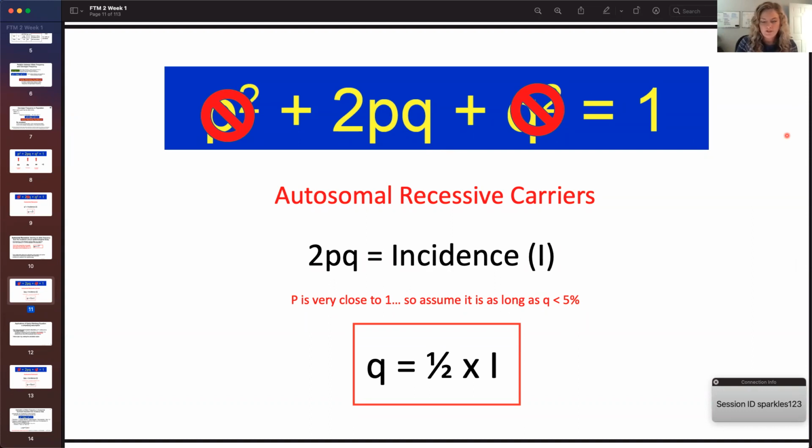So many people are walking around carriers for things they have no idea about because the disease hasn't manifested itself in them. So twice the incidence is going to be the number of carriers, and that's because they're heterozygotes, so they have one of the disease causing alleles, but you need both of them to actually show the disorder. Does that make more sense?